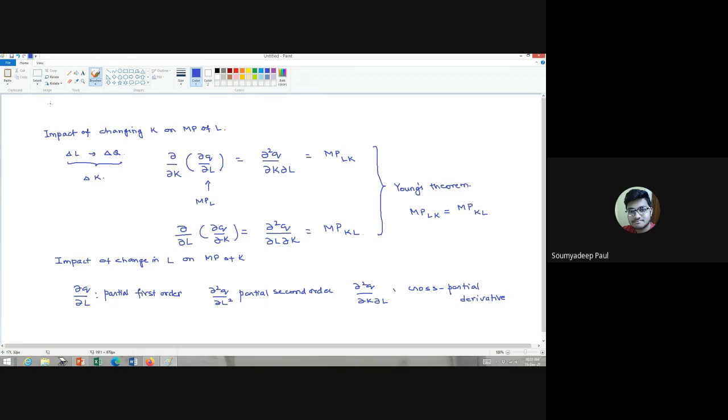Sir, MPLK and MPKL will be the same when delta L and delta K are equal. When del L and del K are equal, then only MPLK and MPKL are equal.